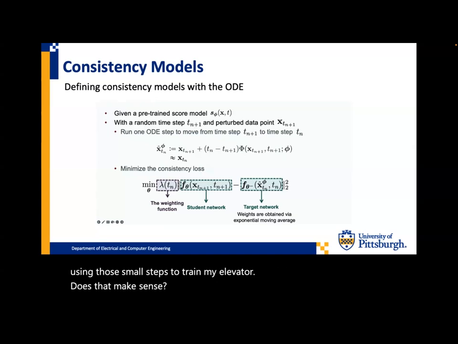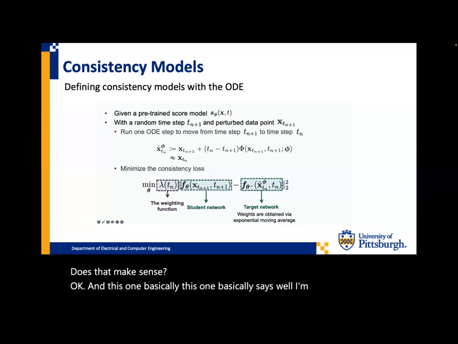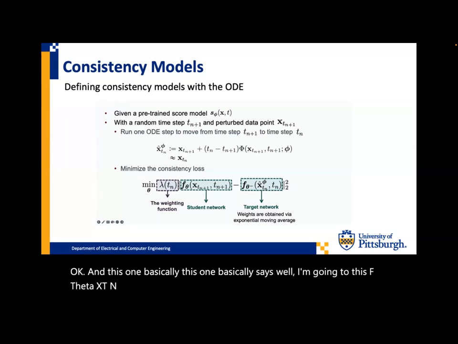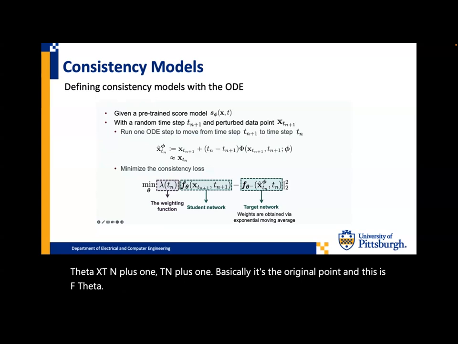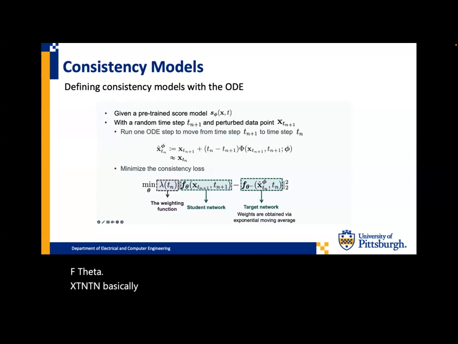Okay, and this one says f theta of xt n plus 1, t n plus 1 is the original point, and this is f theta of xtn, tn, where xtn is predicted from xt n plus 1 with the diffusion model.